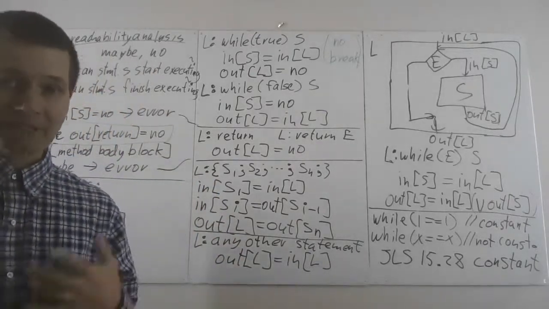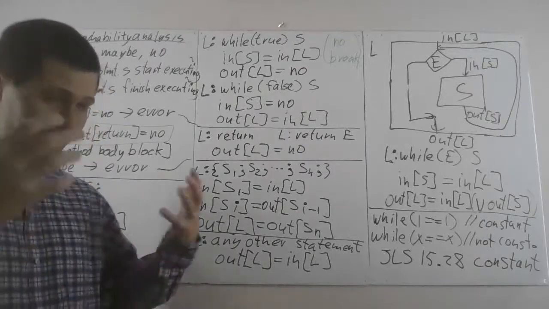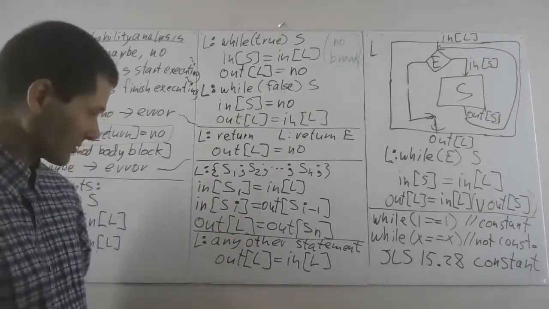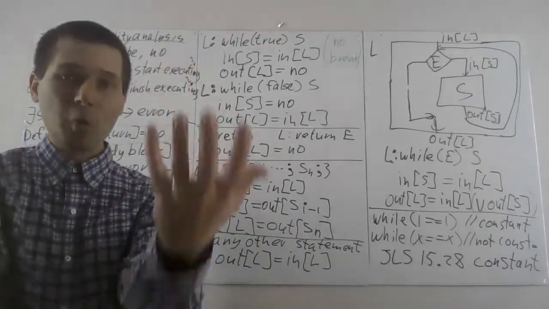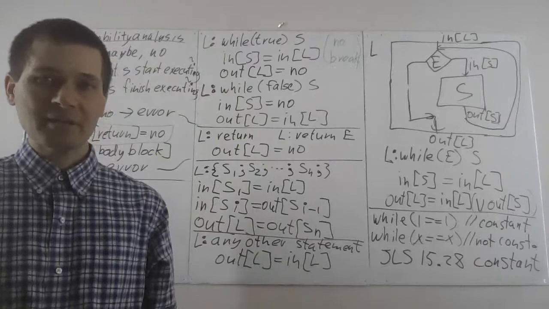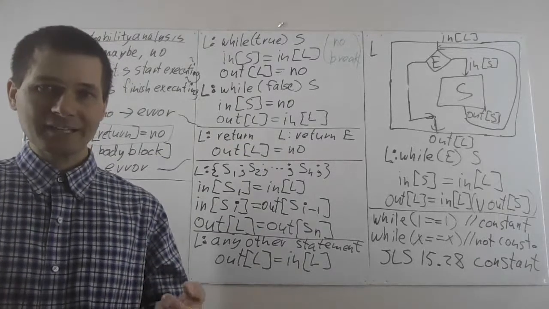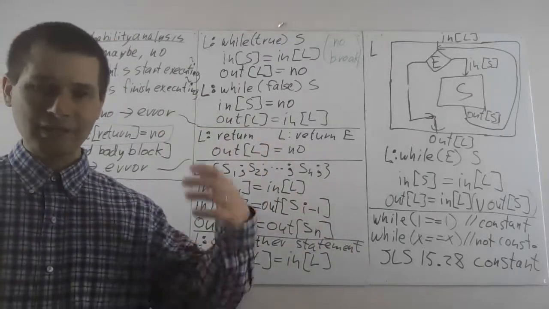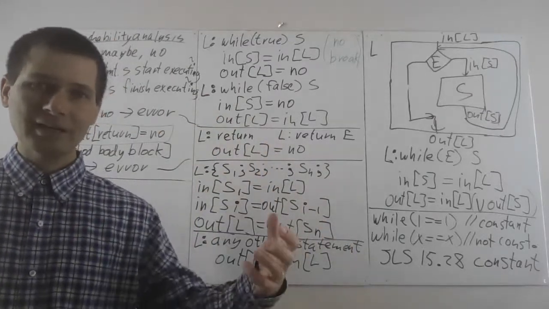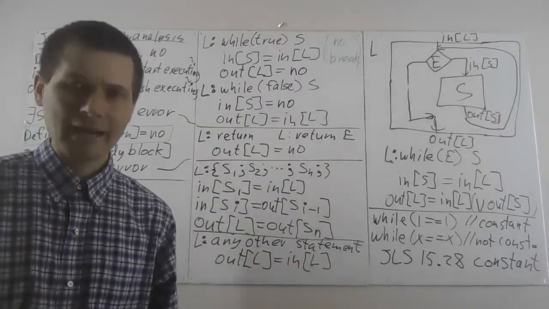Now, that hides a little bit of stuff. So what can this other statement be? One example is an assignment statement, which just assigns some value to some variable, so that's not going to get in an infinite loop or something like that.